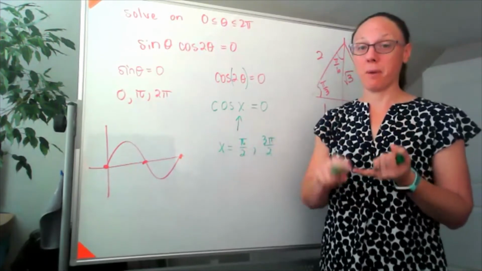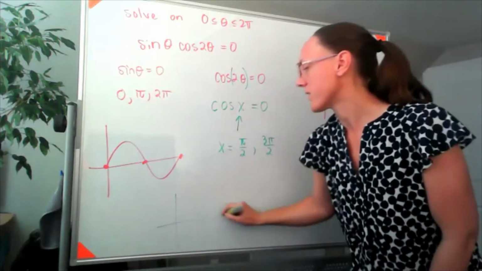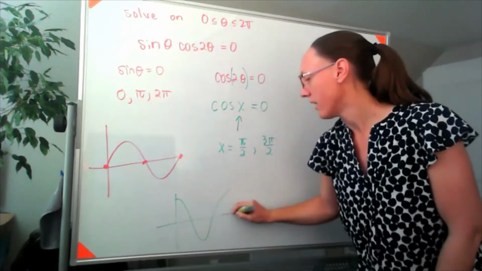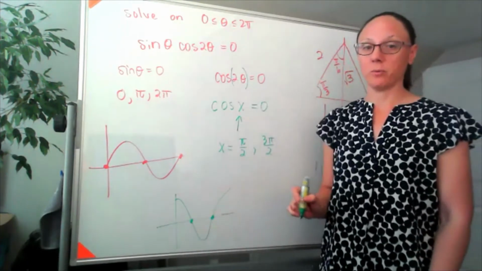Again, you're either going to memorize a chart, the unit circle, or what a graph of cosine looks like, where it hits those zeros at pi over 2 and 3 pi over 2.